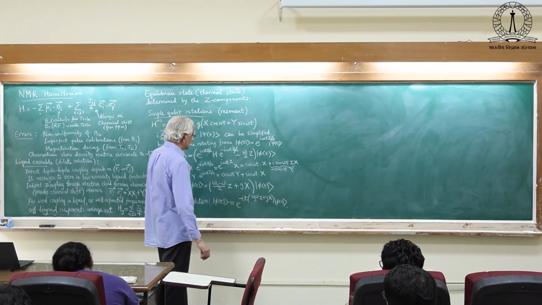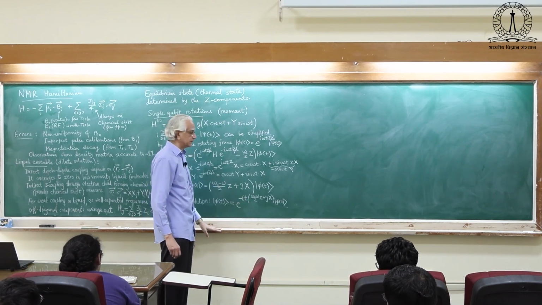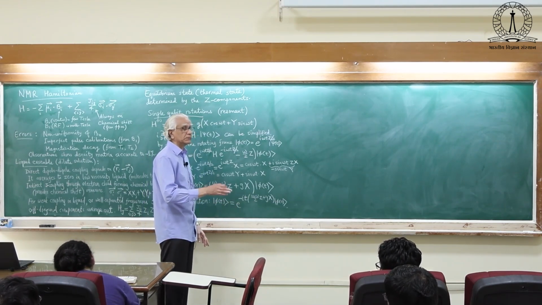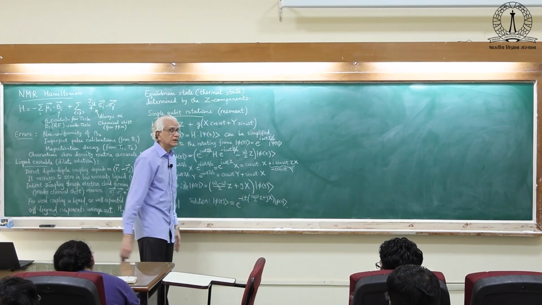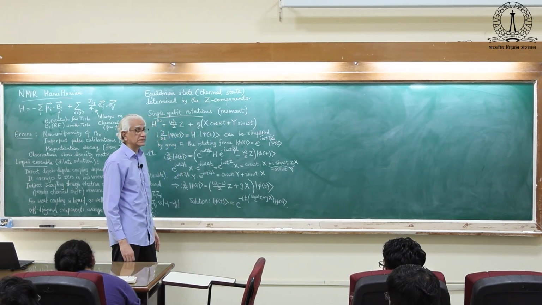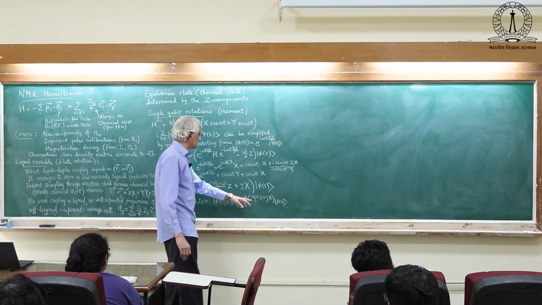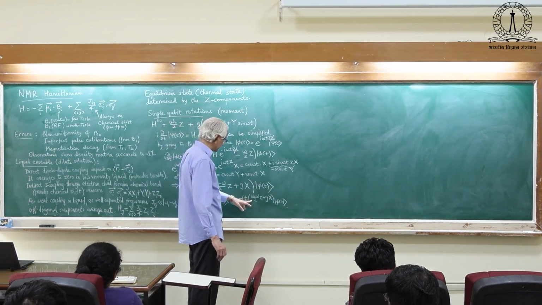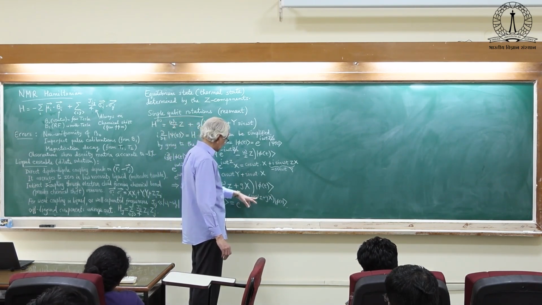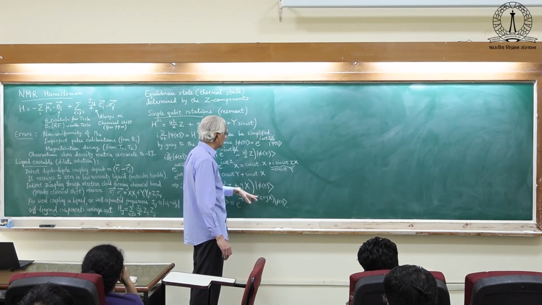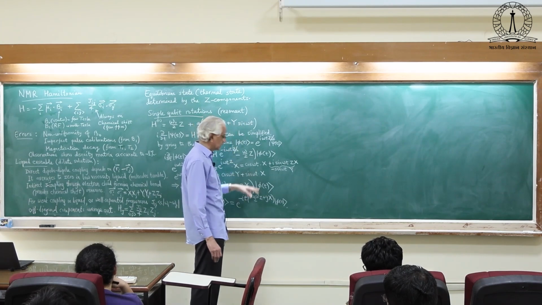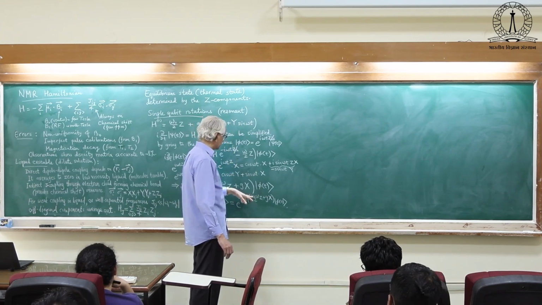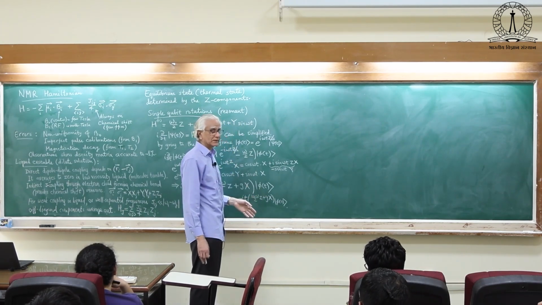But the B0 is fixed, so the value of omega 0 is fixed. The small omega is tunable. It's the frequency of the RF field. And so we can ask the question, what happens when omega 0 is very close to omega, which will correspond to the resonance, and the non-resonant part will be omega 0 is far from omega.